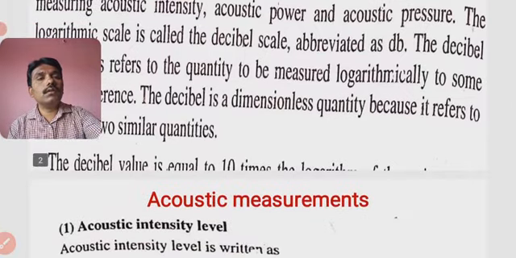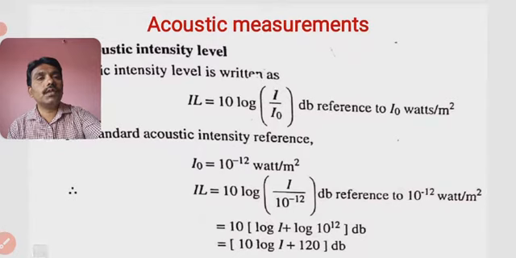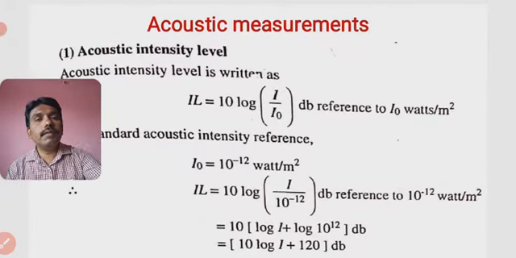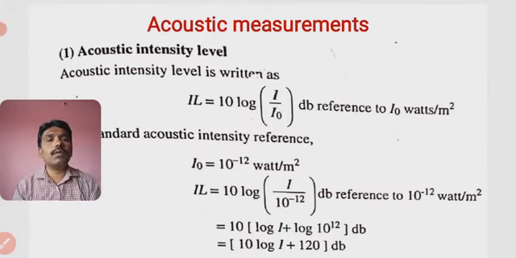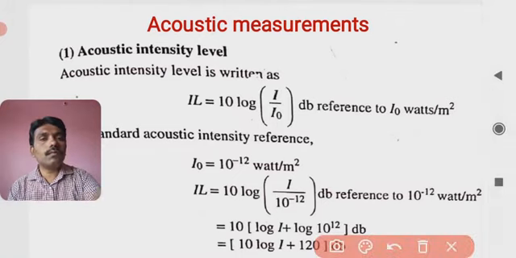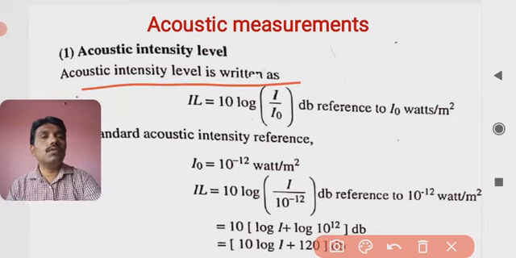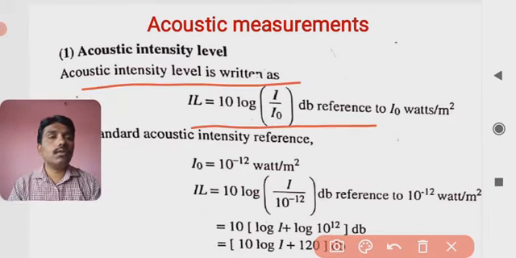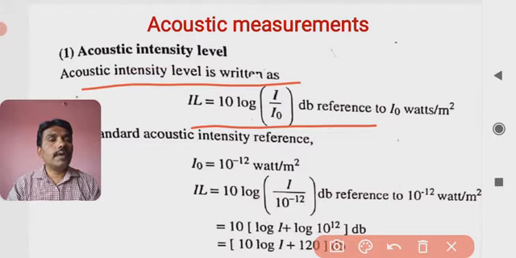Now, as far as the two parts are going to be calculated, the first one is the intensity level. How much the acoustical intensity level is, is calculated using this relation: IL is equal to 10 log of I upon I0 dB, where I0 is in watts per meter square.